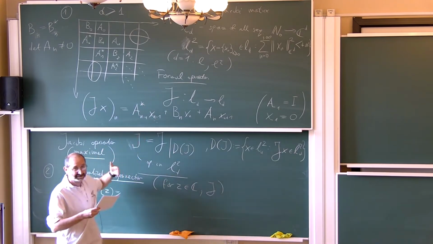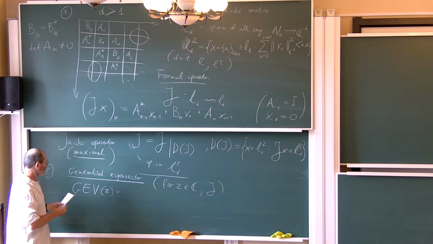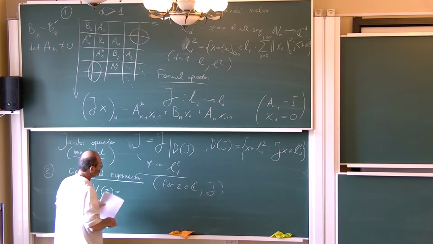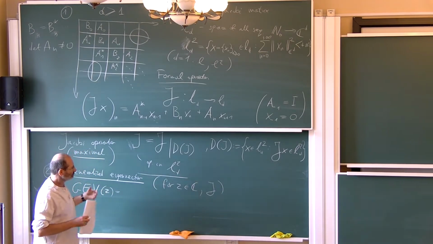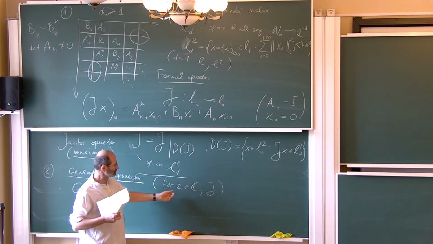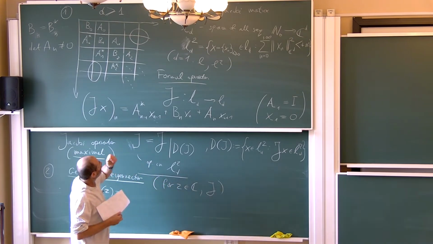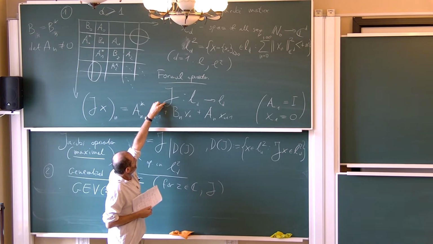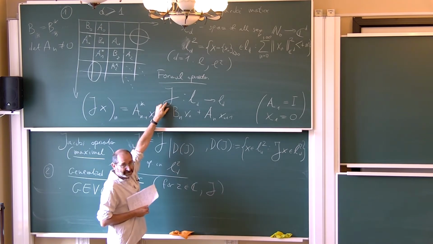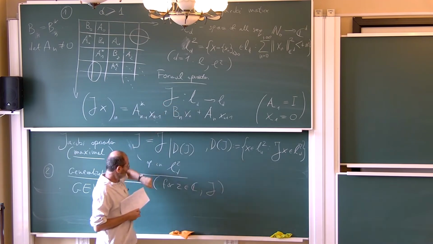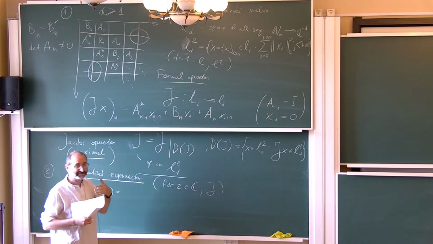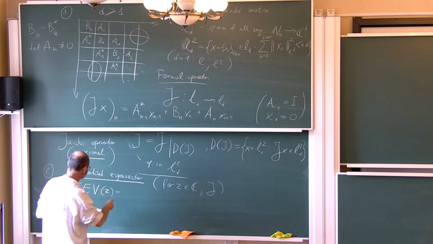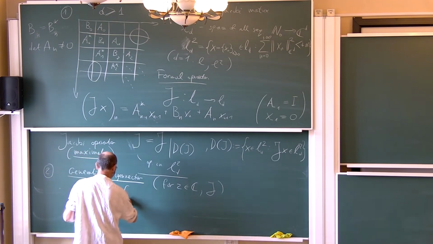This is a space of sequences which are, we can say, almost the solutions of the eigen equation for formal J and z, except the first term. So we should define this like this.